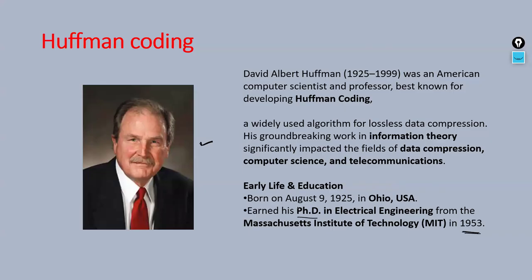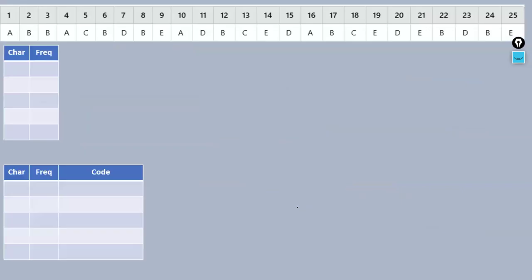So let us see how this person proposed that. Let us understand. For example, this is the message. First, I need to know how many times each character is repeating. A is one character, B is another character, C, D, and these characters were present in this string.